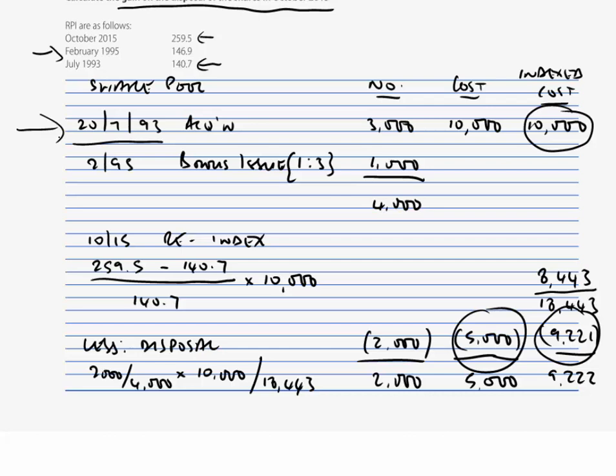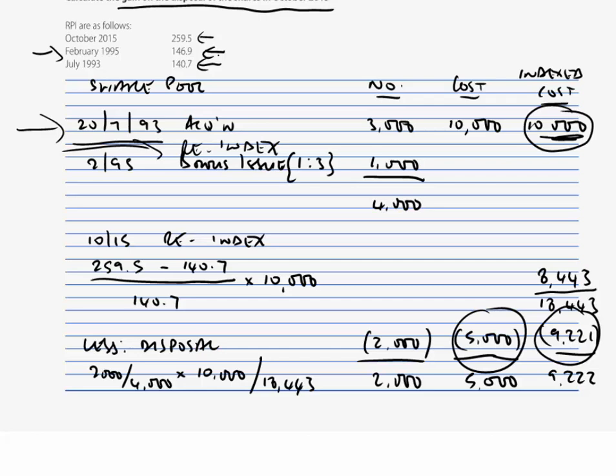If now it was a rights issue, then at this point, prior to putting in that rights issue, you would be re-indexing your £10,000. And it would be re-indexed to February 95 from July 93, which means you would therefore have been using the RPI for February 95.